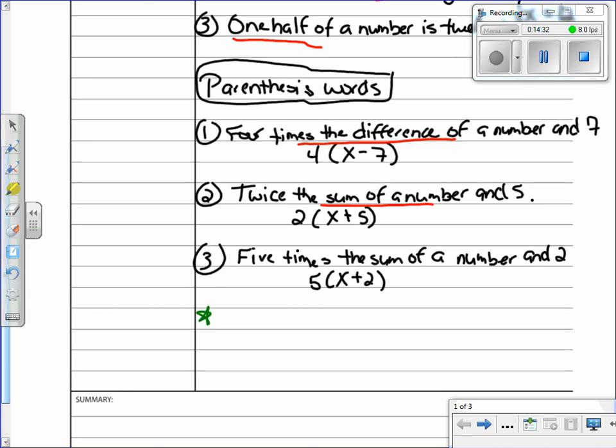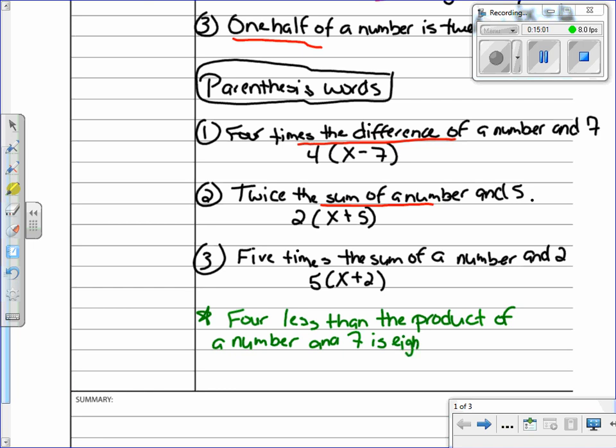One more example, but this is not parentheses. 4 less than the product of a number and 7 is 8 more than that number?